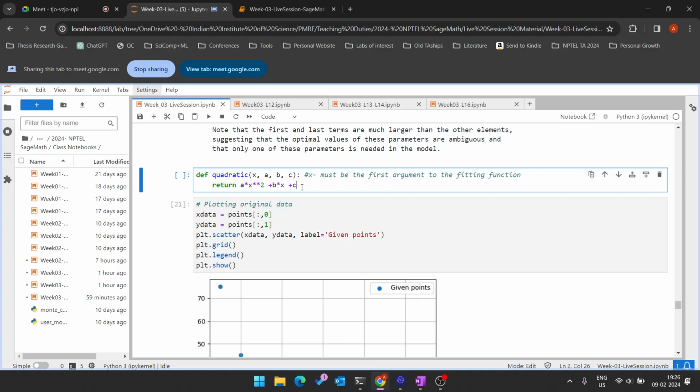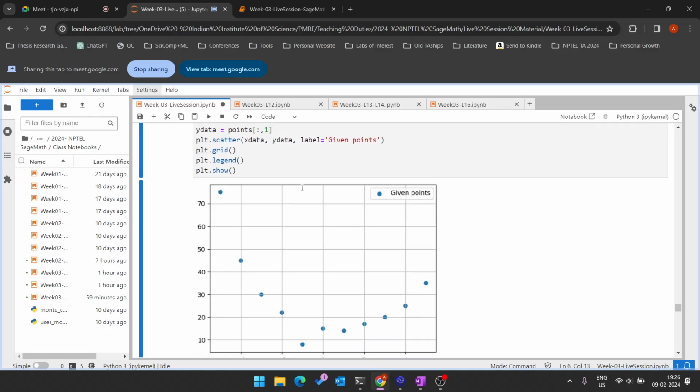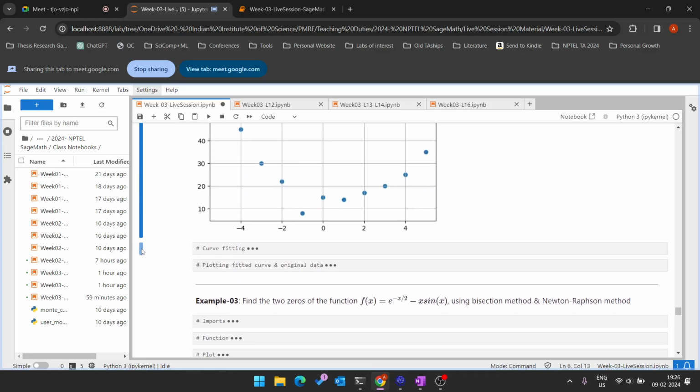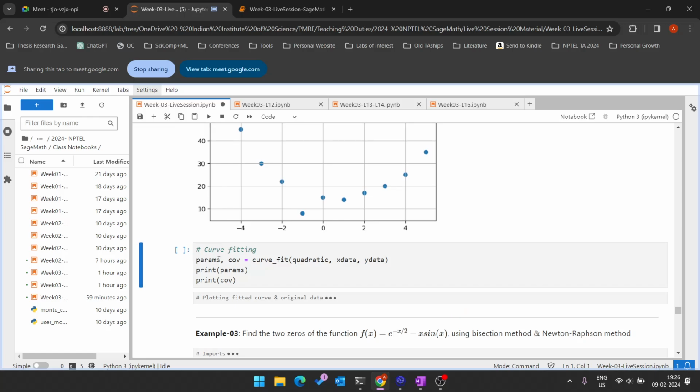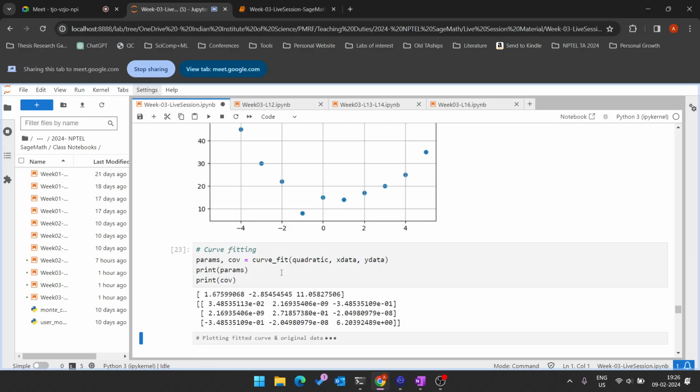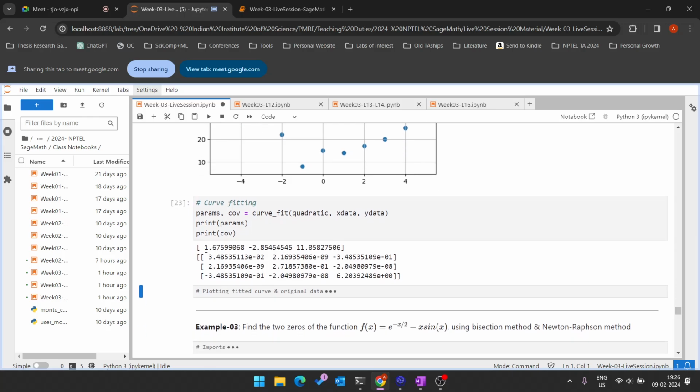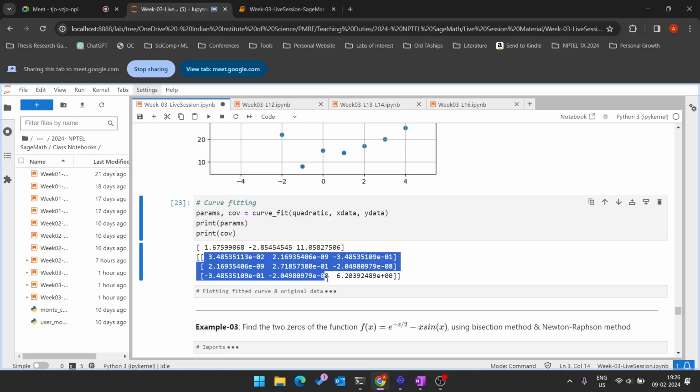Suppose I now run this. Next I try to fit the curve. So we have params and covariance, the covariance matrix, as our output from the curve fit function, which takes the quadratic function, x data and y data. If I just do this, I get some parameters and a covariance matrix. The smaller these values are, the better.